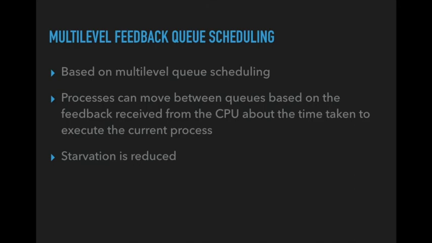However, multi-level feedback queue scheduling will suffer less, because although there is a priority in queues, a task can move between queues, which means that a high priority task which takes too long can be moved to another queue, and lower priority tasks which take less time can be executed first. So although there is still chance of starvation, and of course there will be starvation here as well, it will be reduced because of this mechanism.